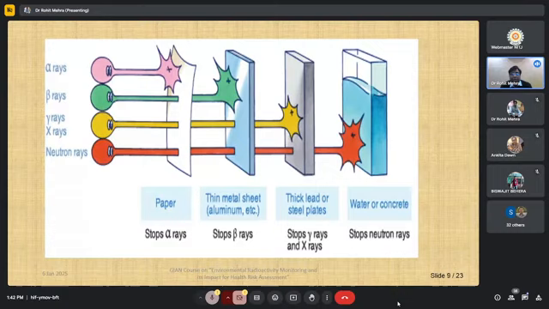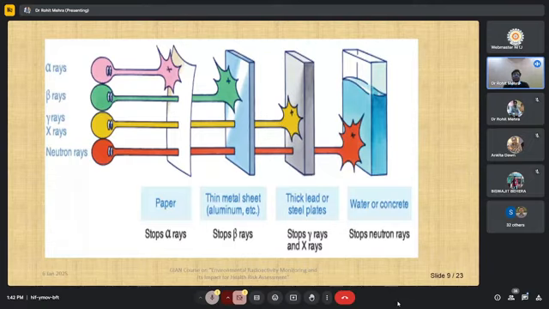This slide gives you an idea of alpha, beta, gamma, and the fourth one we have kept as neutron. Though neutrons are not directly radioactive in nature, once they fall on some materials, they cause alpha, beta and gamma to come out. That is why we have categorized it into 4 categories.